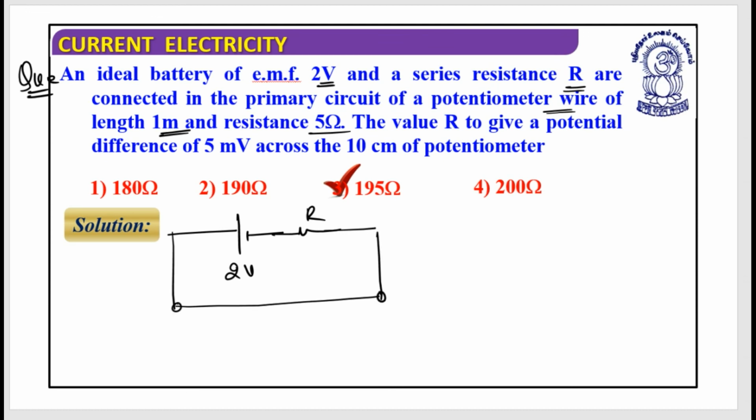This is point A, this is point B, and it is of 1 meter length and 5 ohm resistance. Find the value of R to give a potential difference of 5 millivolt across 10 centimeter of the potentiometer wire.